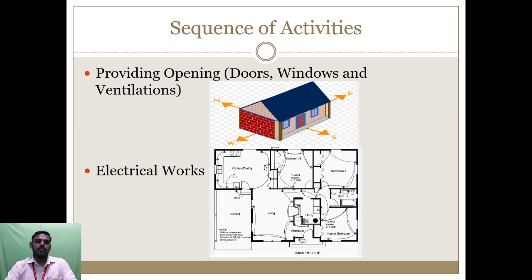Provision of openings: doors, windows and ventilators have to be provided for air ventilation in the buildings, and movement inside and outside is possible only through door openings. Then electrical fittings: before roof concreting we have to provide conduits on the roof slabs.